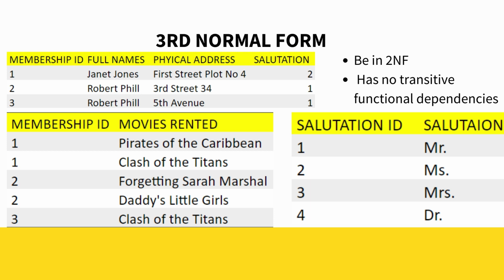We have divided our tables and created a new table which stores salutations. In Table 3, salutation ID is the primary key, and in Table 1, salutation ID is a foreign key to the primary key.